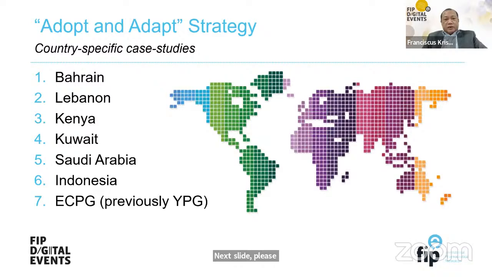Using the adopt and adapt strategy, some member countries have utilized the global competency framework as a tool to investigate and explore its relevance to local practice settings. There are also other countries that are utilizing the global competency framework in an effort to develop a nationally customized competency framework for their early career pharmacists.